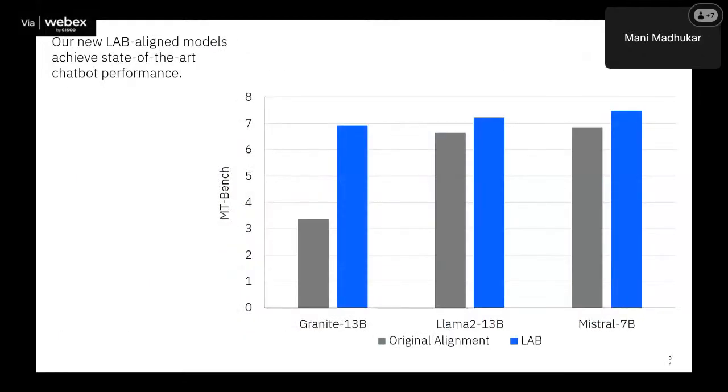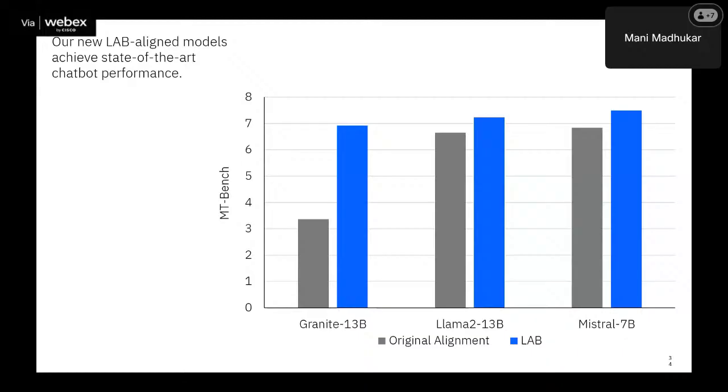This is where I was coming to explain how it is making the model better. How is it helping the large language model perform better? See, for the Granite 13 billion, once you use the LAB approach, you are able to enhance the performance almost double. And the same goes for all other models.